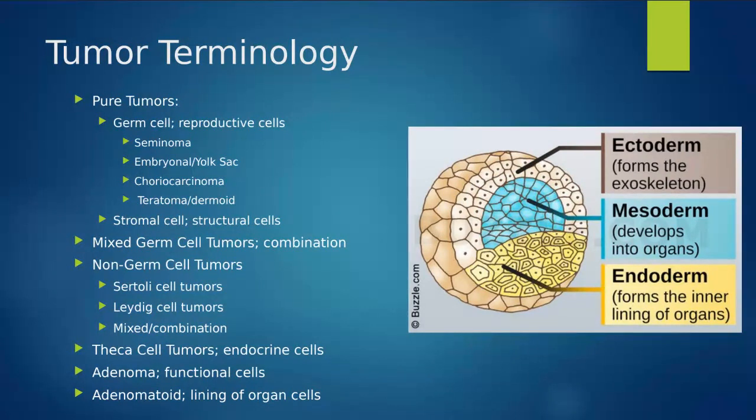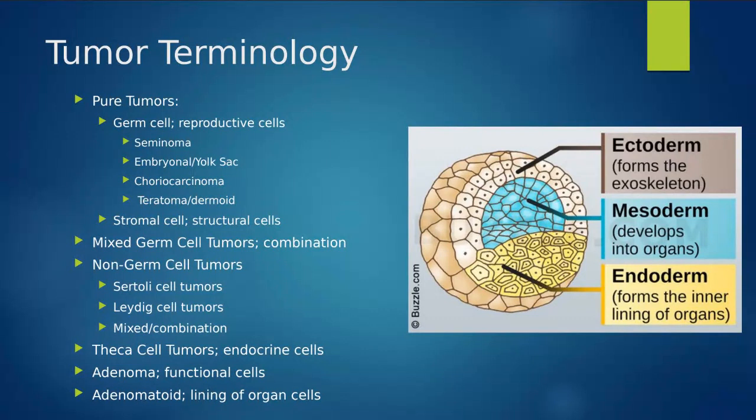And then we also have adenomas and adenomatoids. Adenomas we are going to see anywhere in the body. This is a tumor that is made up of functional tissue cells specific to that organ. So you can have an adenoma anywhere in your body if it's associated with an organ. Now, we can also have an adenomatoid tumor anywhere in the body because it is made up of the cells that line that particular organ.